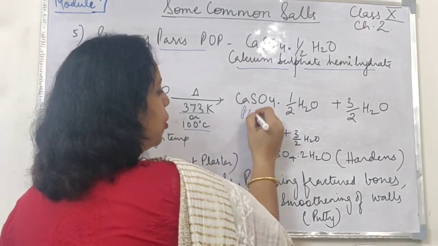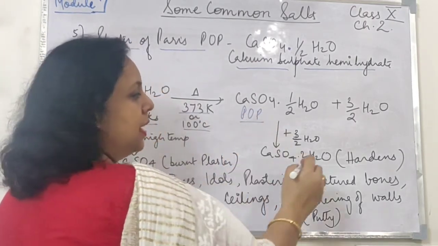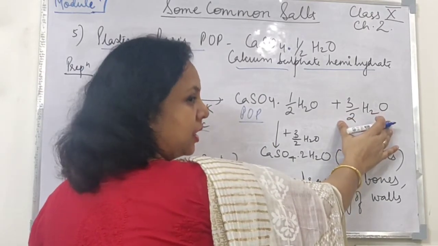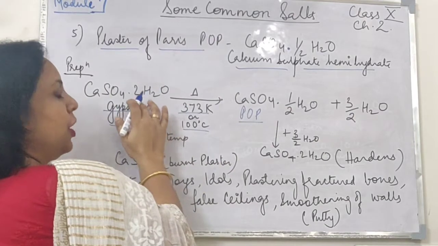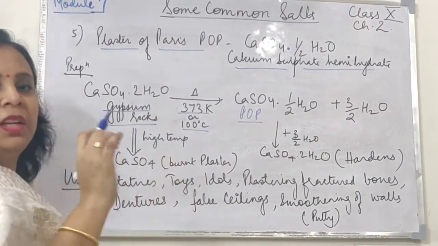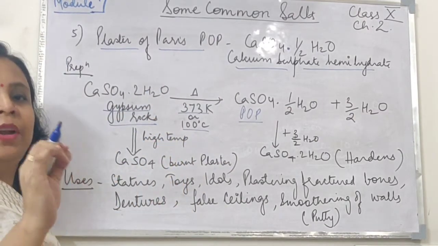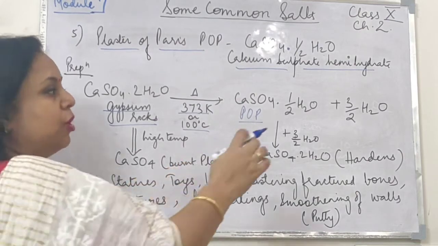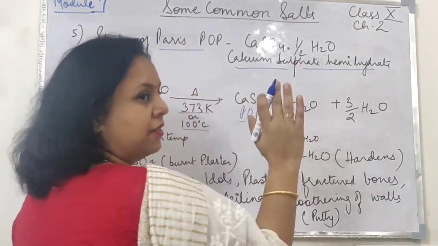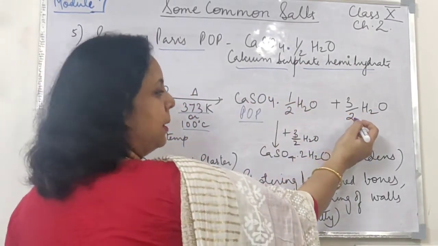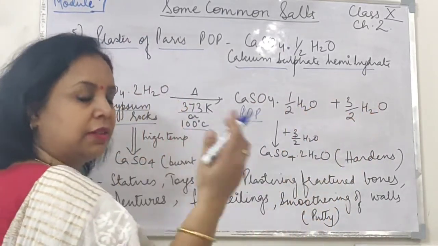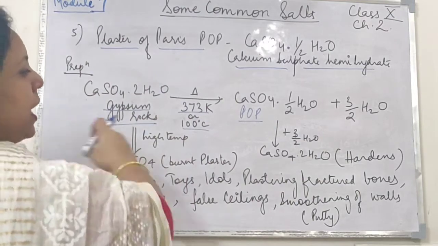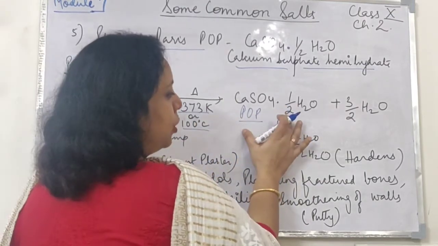It is going to form plaster of Paris, and from each molecule of gypsum, 1.5 molecules of water will be evaporated, which means from 2 molecules, 3 molecules of water will be evaporated. Now this is our POP.